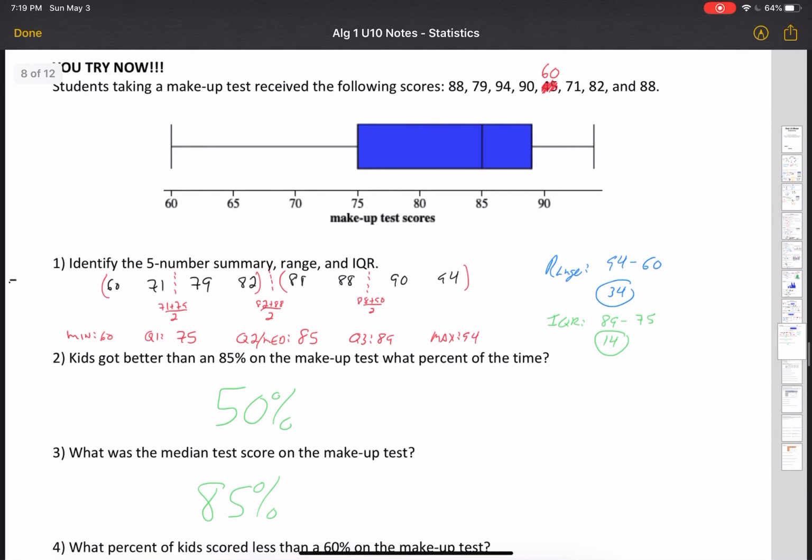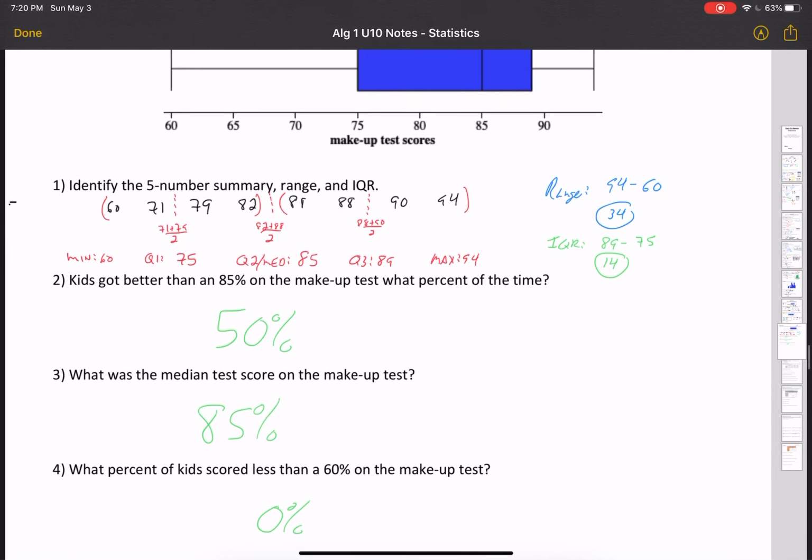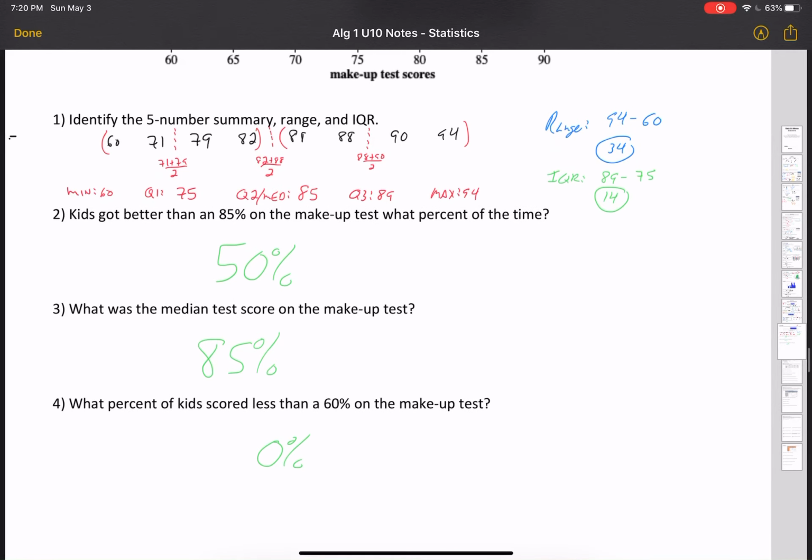So here you see how to find the 5-number summary, range, and IQR if you can't determine what they are from the box plot. Gotta do it by hand. And a couple other follow-up questions.